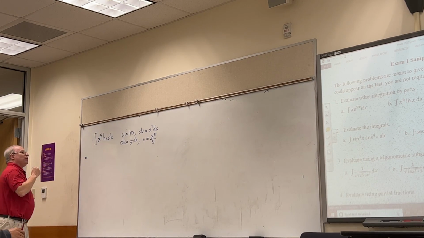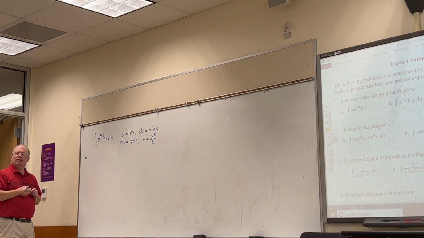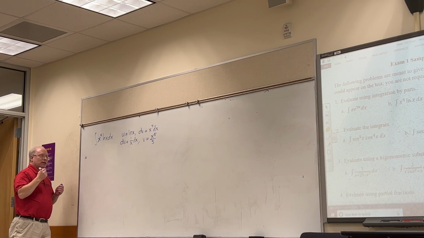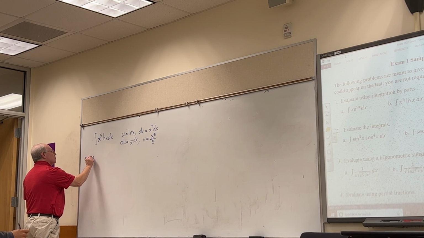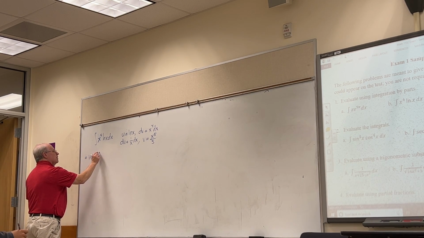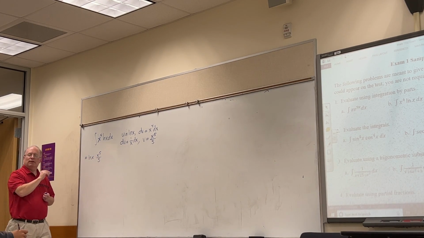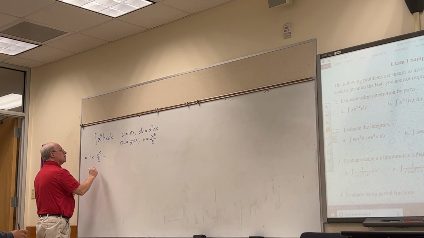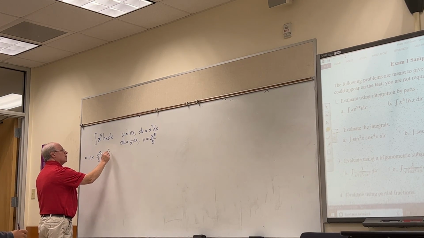So now how do we apply integration by parts? So u times v, so we have natural log of x times x to the 5th over 5 minus the integral of x to the 5th over 5 times 1 over x.